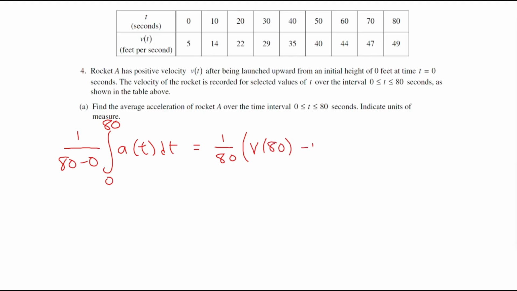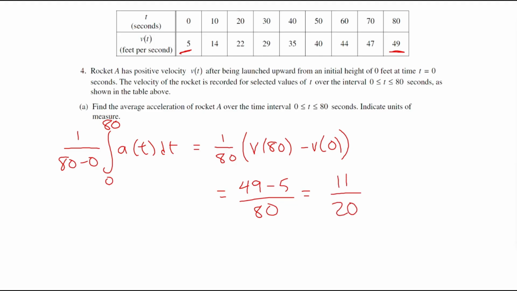So velocity at 80 minus velocity at 0. So velocity at 80, according to our chart, is 49. And velocity at 0 is 5. So we have 49 minus 5 divided by 80. That's 44 over 80. Divide those both by 4. You get 11 over 20.